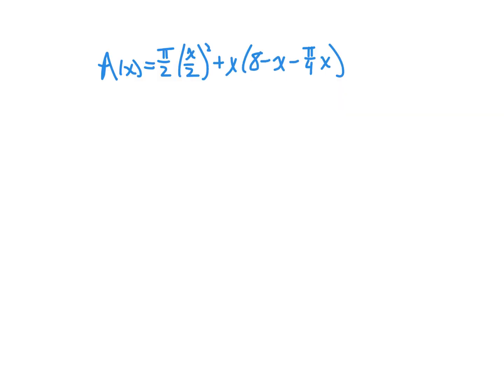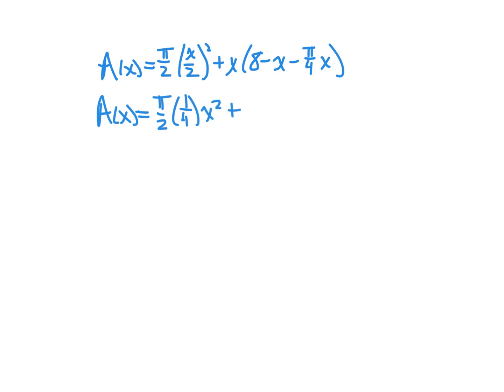Currently, this area function is all in terms of x, which is great, but it's kind of messy. And we know that eventually we're going to have to take the derivative of this in order to find those critical points. So it might be a good idea to simplify this equation before we get into finding that derivative. In this first term, I'm going to take out the x squared, and I'll be left with pi over 2 times 1/2 squared, which is 1/4, and then we'll have our x squared outside.